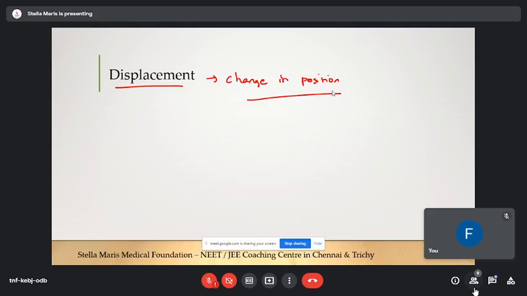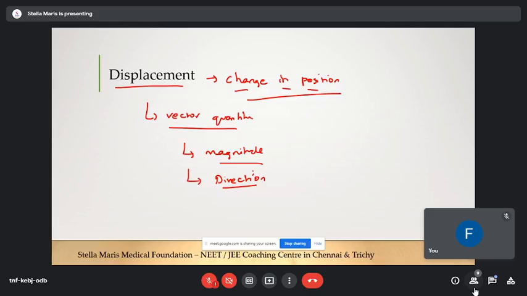So how do we denote displacement? Displacement is nothing but change in position. It is denoted by del x. x is the position. Delta is nothing but change in quantity.